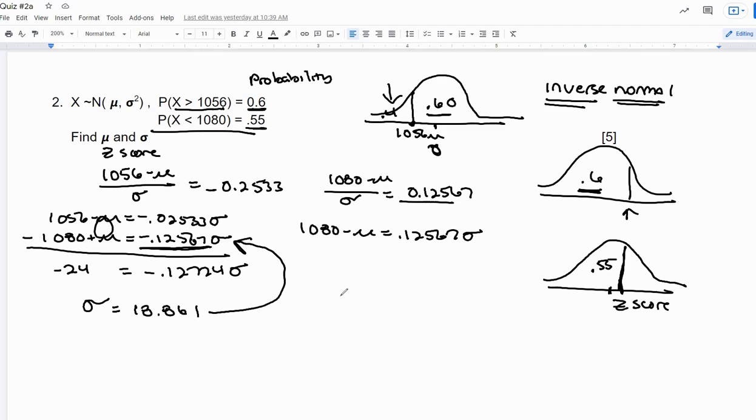Negative 0.12567. All right, now that's you multiplying those two together. Now what do I got to do to get the mean by itself? Add 1080 to it. So this now, push plus 1080.